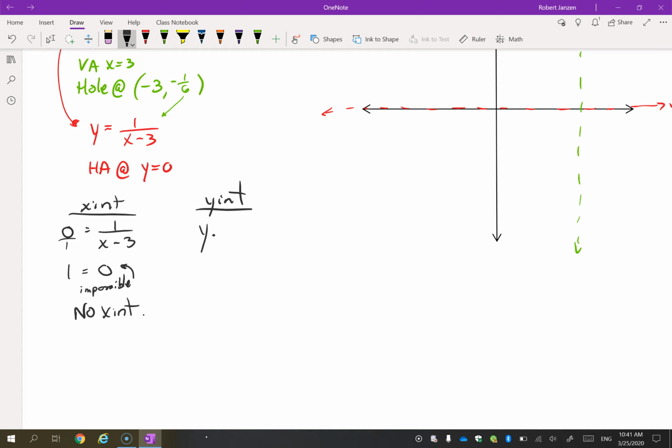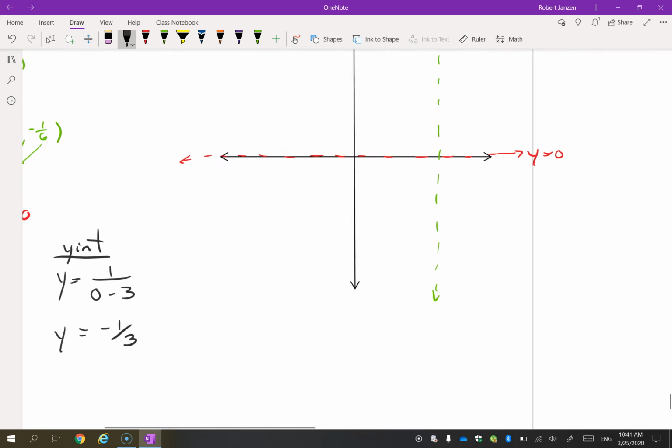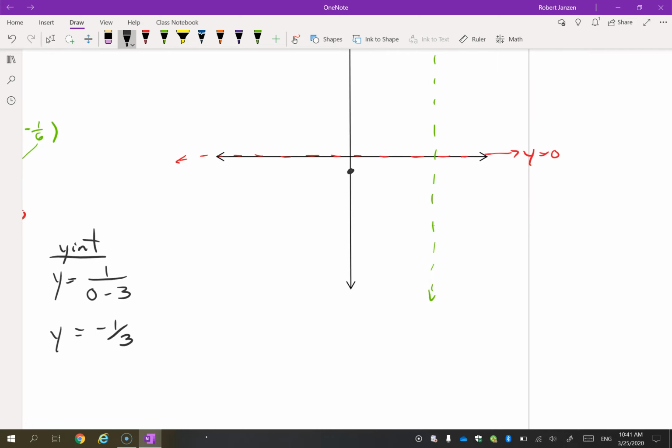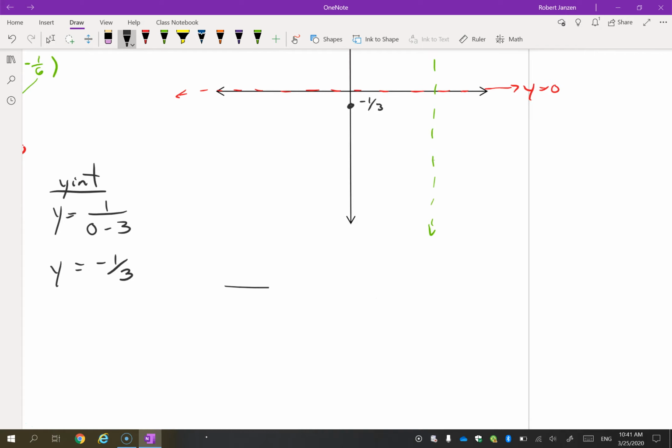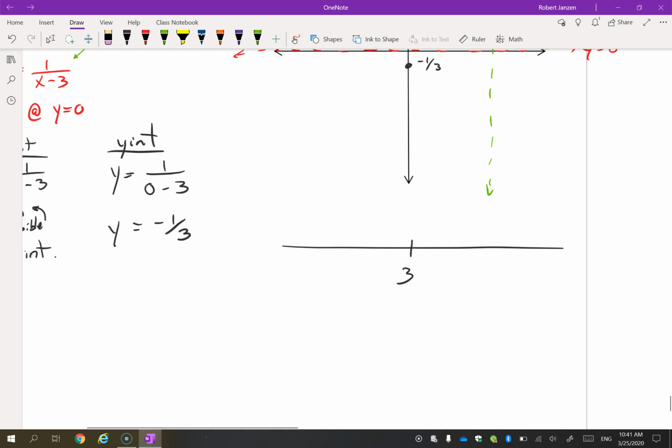Y-intercept. So y is negative 1/3. Okay, so there's negative 1/3. Okay, a quick sign diagram. Weird. There's only one value. Okay, and if we put that into the equation, which equation are we testing? We're testing this equation. All right, if I put in 0, I already figured it out.